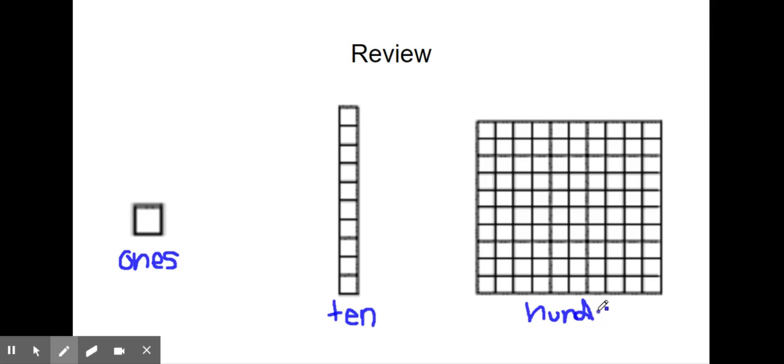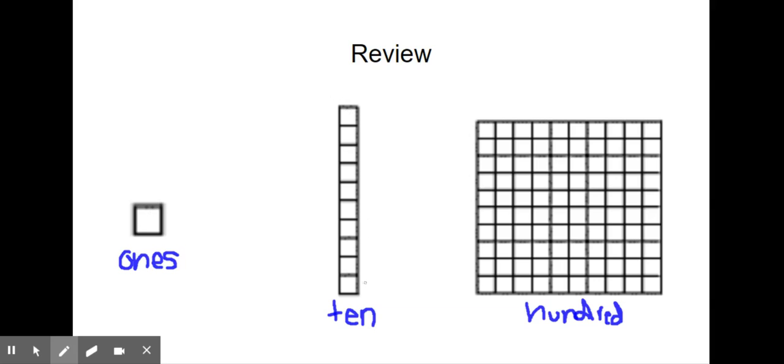So looking at this and thinking back to what we have learned, how many ones do I need to make a 10? Okay, so if I am looking at my ones, I can kind of look at my 10.